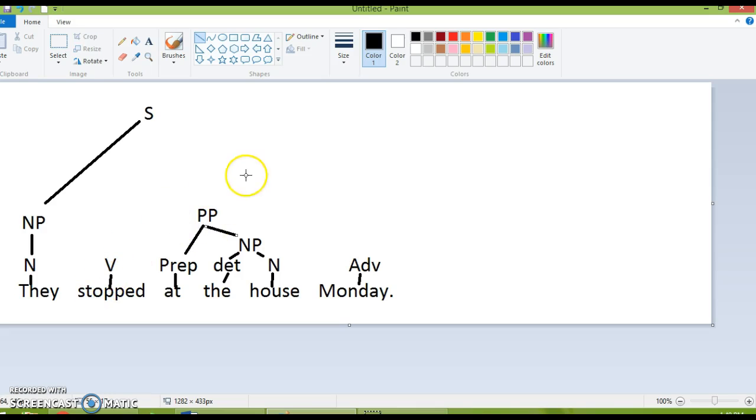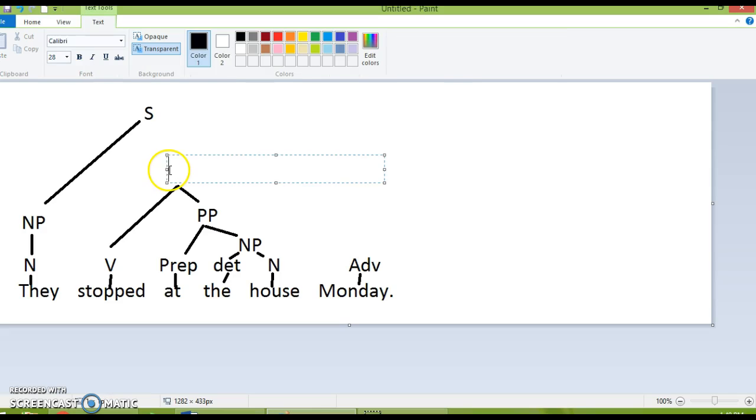So now we have a verb, a prepositional phrase, and an adverb. So what we're going to do is combine the prepositional phrase and the verb to make a verb phrase.